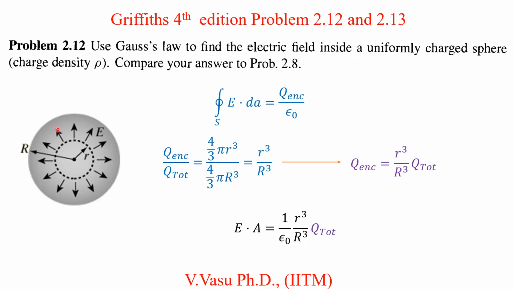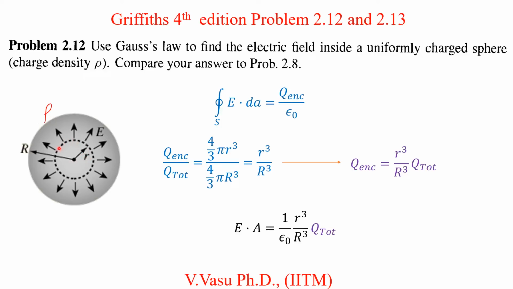So I have taken a sphere of radius capital R, for which the electric charge density is rho, and I am considering a Gaussian surface inside this sphere of radius small r.